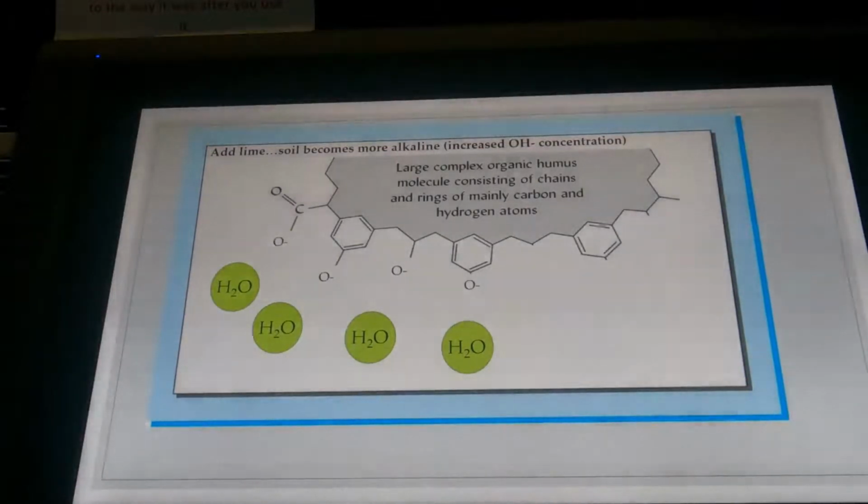Come springtime, we add a little bit more just to make sure that we get through the season, because we know we're going to add fertilizer. When we add the fertilizer, the processes that happen from ammonium to nitrate add more hydrogens back to the soil. That's why our soils become acidic over the growing season.